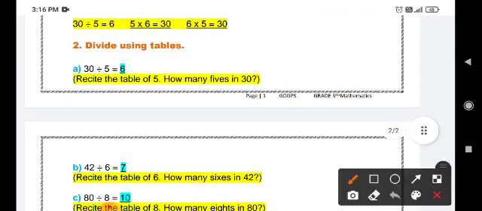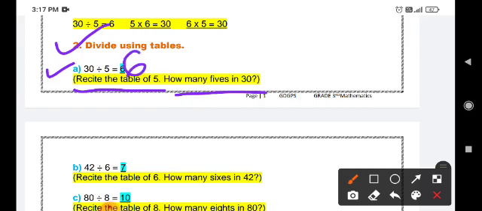Question 2. Divide using tables. Now let us start with part A. 30 divided by 5 is equal to what? Recite the table of 5. How many 5s are there in 30? 5 ones are 5, 5 twos are 10, 5 threes are 15, 5 fours are 20, 5 fives are 25, 5 sixes are 30.